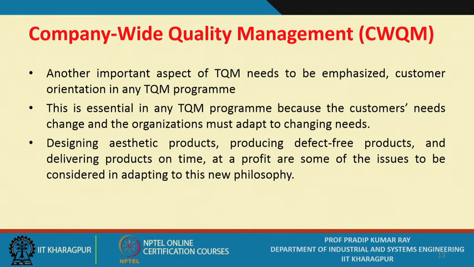This is essential in any TQM program because the customer's needs change and the organizations must adapt to changing needs. That means constantly you have to look into the new standards and the new customer requirements. Designing aesthetic products, producing defect-free products and delivering products on time at a profit are some of the issues to be considered in adapting to this new philosophy.